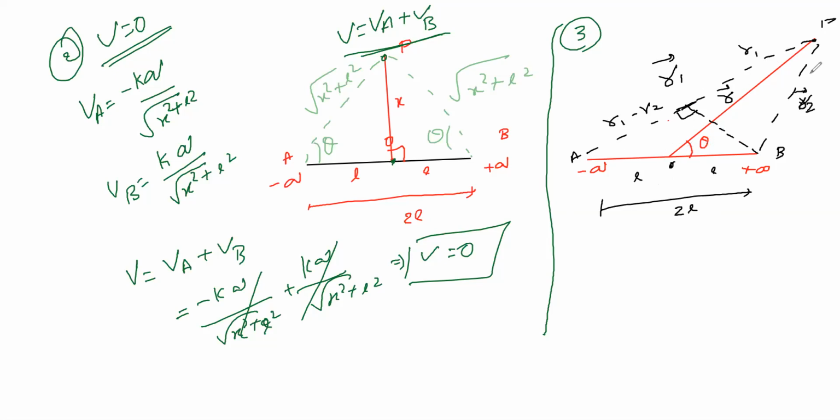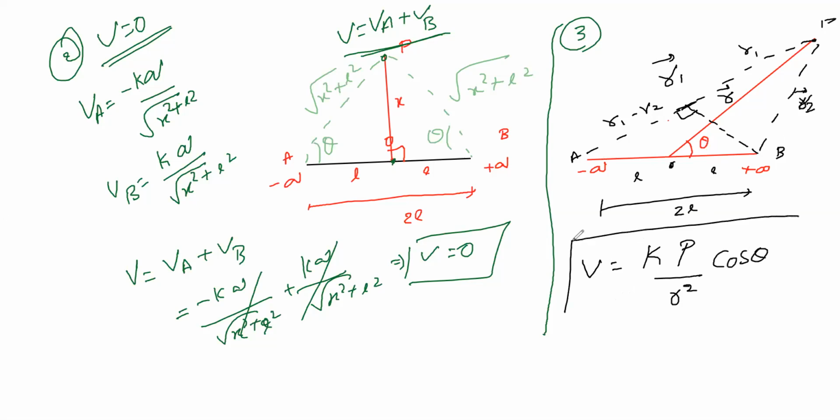For this general point making angle theta, the potential B is equal to the final relation. I'll write it as a B vector because there are directions involved. B is equal to kp by r square, and because it makes angle theta with respect to the dipole, I'll take cos theta.